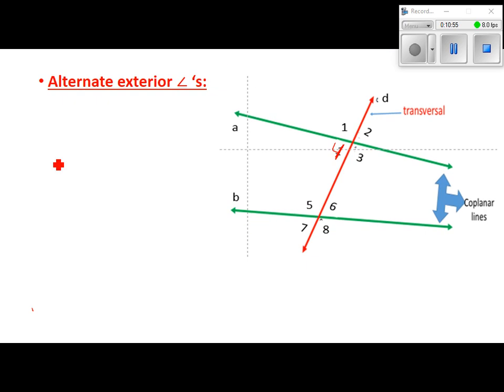Next special pair, alternate exterior angles. If these in here were interior, then the ones that are exterior are the ones on the outside. So it'd be 1 and 2 out here, 7 and 8. Alternate exterior, opposite corners of each other.